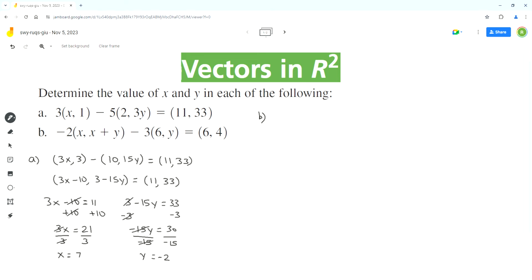So we'll start by doing the scalar multiplication on the left side for both vectors. So we'll multiply both components in the first vector by negative 2. And in the second vector, we'll multiply both components by 3.